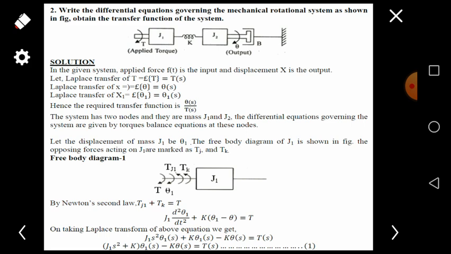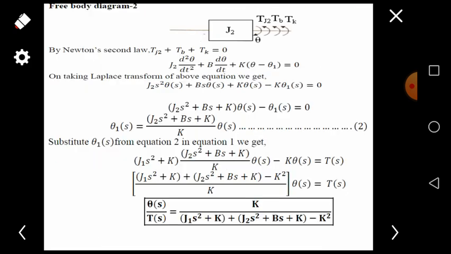That is, J1 s squared plus k into theta 1 of s minus k into theta of s equal T of s.